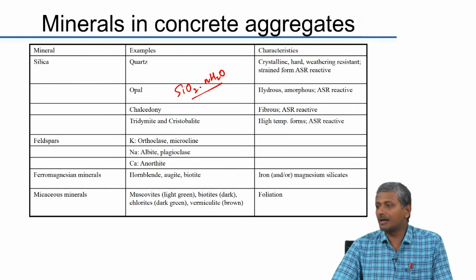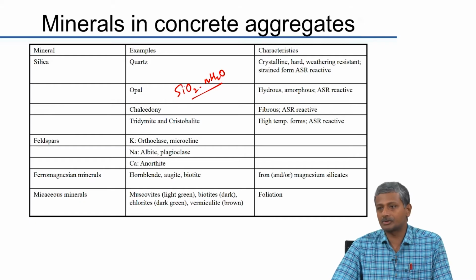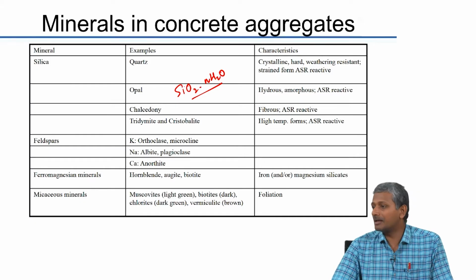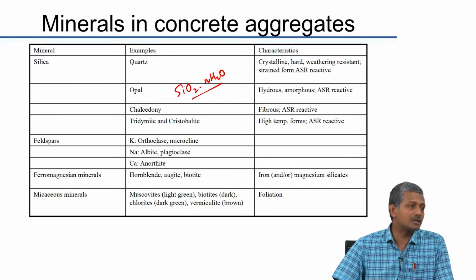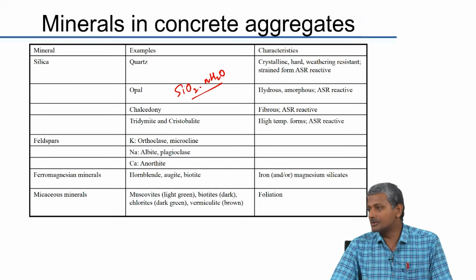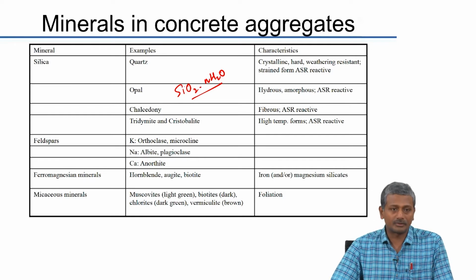Tridymite and cristobalite are high temperature forms of quartz, especially when you have heat treated your material to around 800-900 degrees Celsius, you most likely would get other forms of quartz like tridymite or cristobalite. Now, these could be ASR reactive. So, what happens now is you have igneous and sedimentary rocks that may have quartz, but when these rocks undergo metamorphosis, you can get extremely high temperatures and pressures exerted on these rocks, and because of this your crystalline structure will get strained.